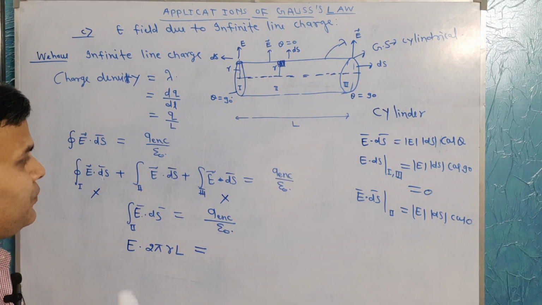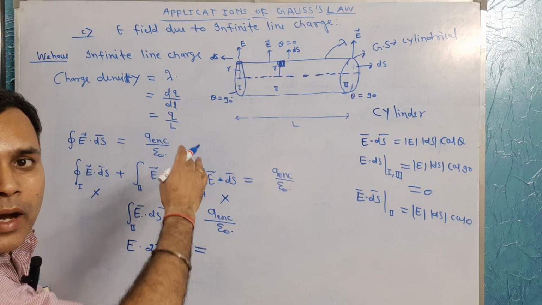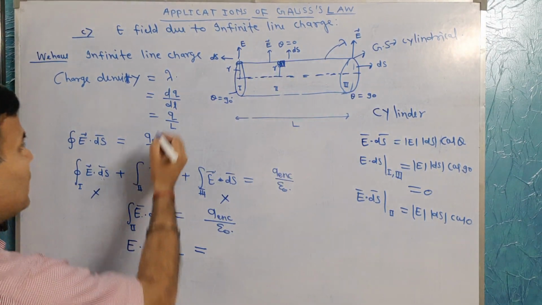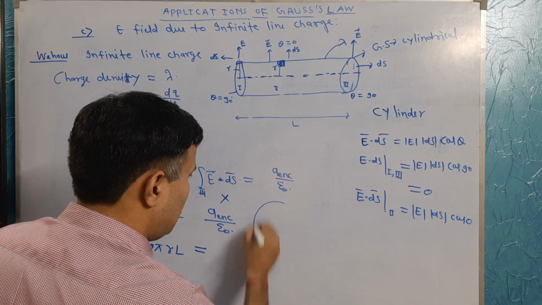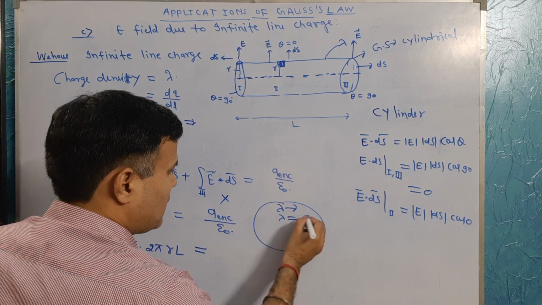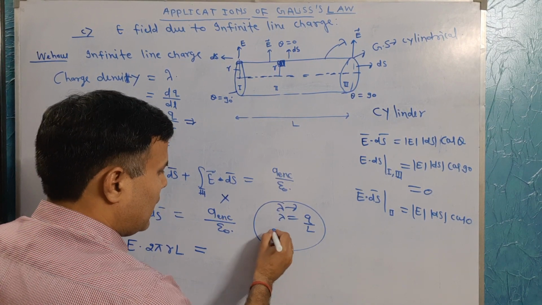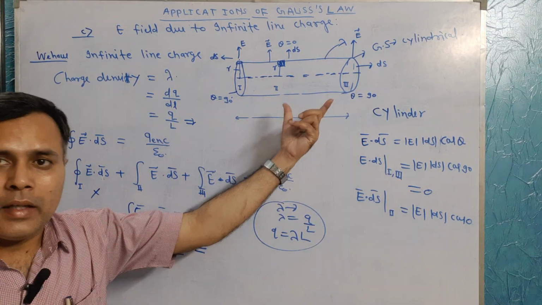And what is q? If lambda is the charge density of this infinitely extended wire, charge per unit length, so q is simply lambda l.